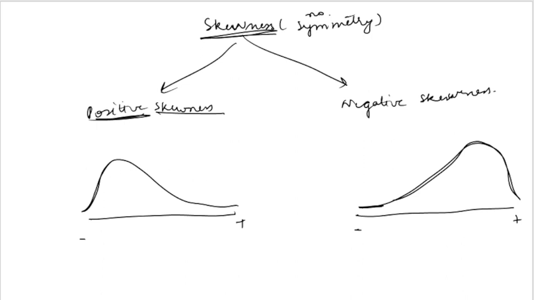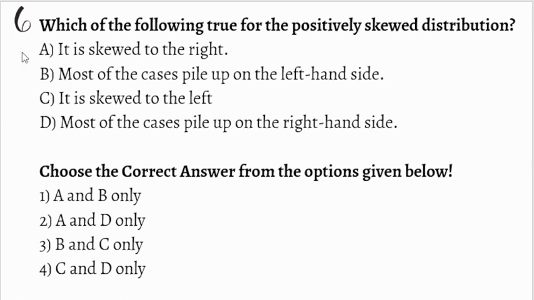Firstly, let us solve this question and then we would talk more about it. The question says, which of the following is true for a positively skewed curve? We just learned it. Is it skewed to the right side? Yes or no? We just talked about it.